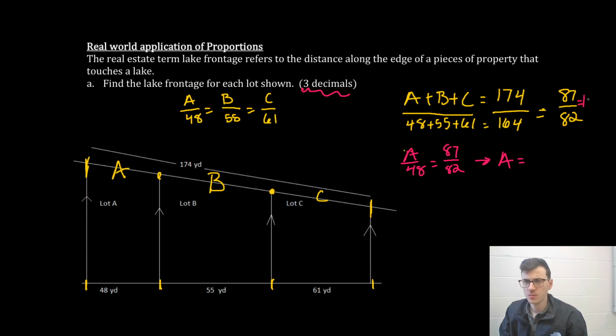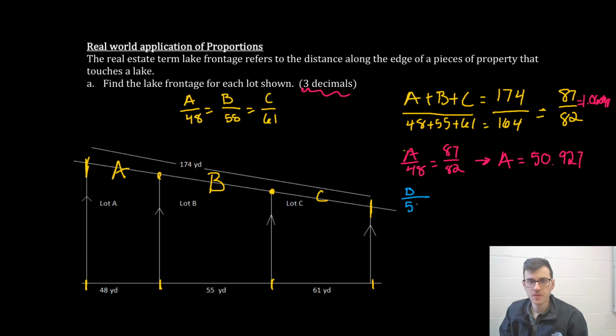This is like 1.060975. Wow. But we can just say, okay, this number multiplied by 48, that'll give me A. So A is 50.927.